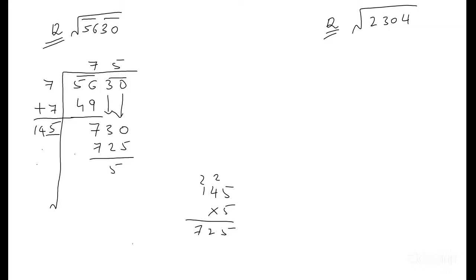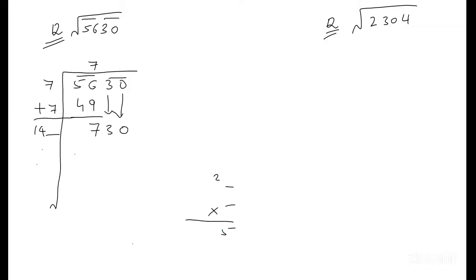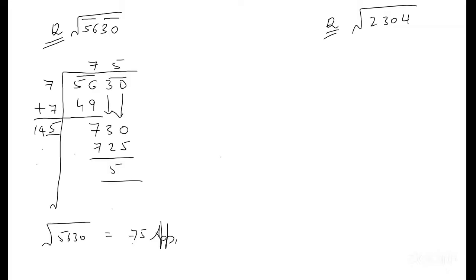But if such a question comes, and you're getting a remainder, then you can write that the root of 5630 is 75 approx. You can write 75 approx, so that we'll be able to understand that it is close to 75.